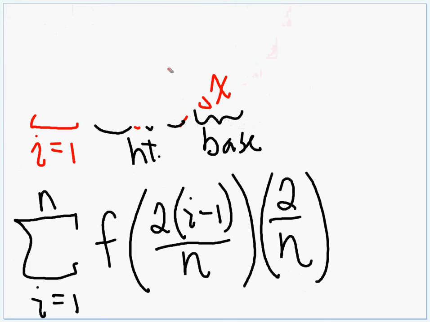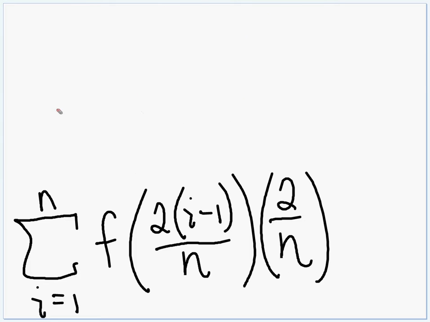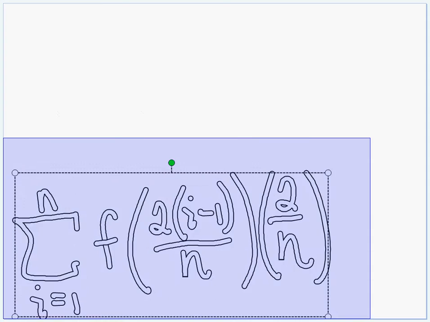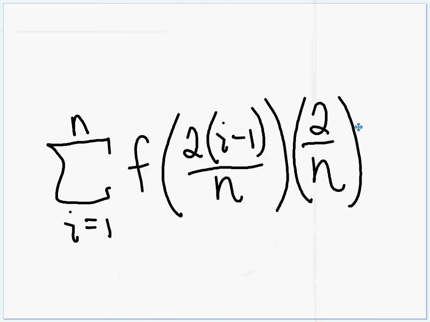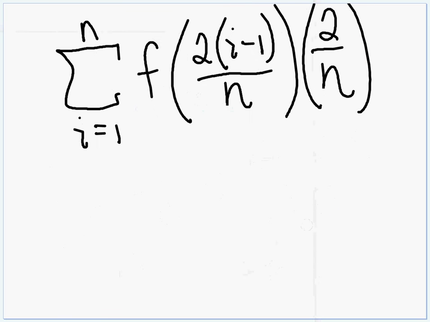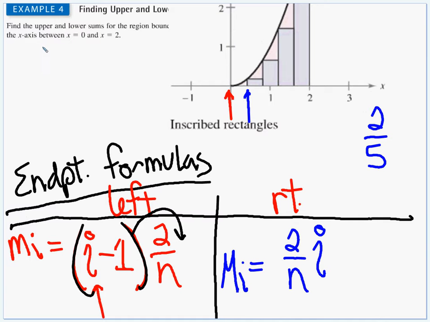Again, remember the f of stuff, that's the height. The 2 over n is the base of our rectangle. So again, this is base times height. So we're going to jump now from the function notation to actually put this into the function. Remember, our function here is x squared.